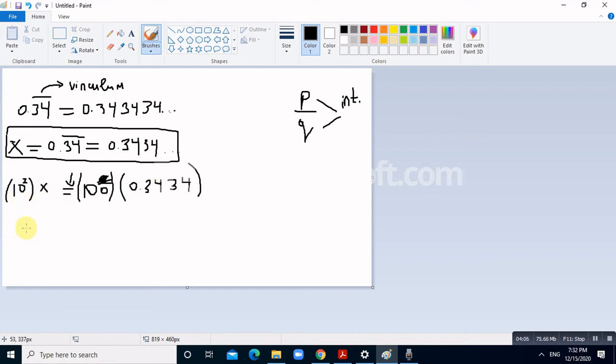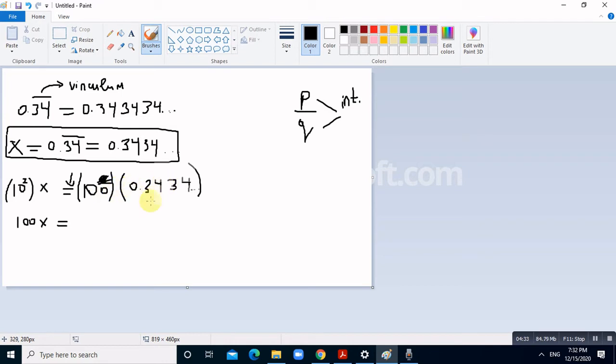So let's solve this. So 100x is equal to, and now 100 times, oh, forgot my 3 dots here, which means that this just keeps repeating indefinitely. So 100 times this decimal here, let's move some decimal points.